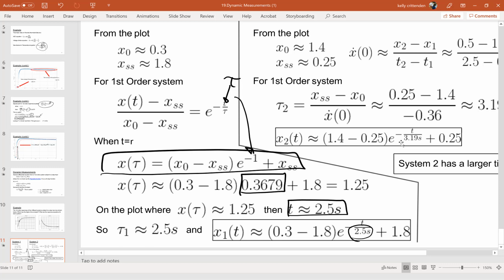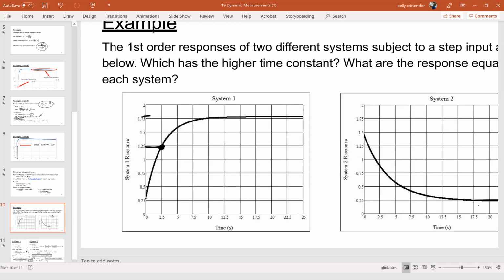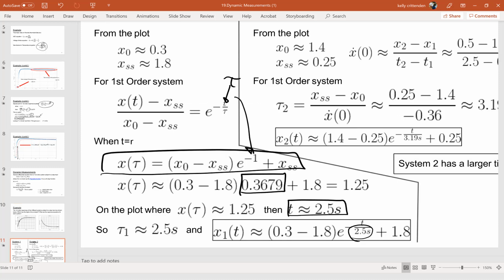It would generate a curve that looks more or less like this one, but instead of all the data points, it would be a smooth curve that represents that same response. So that system had a time constant of about 2.5 seconds, and that's all just reading it off the graph and solving that one equation.